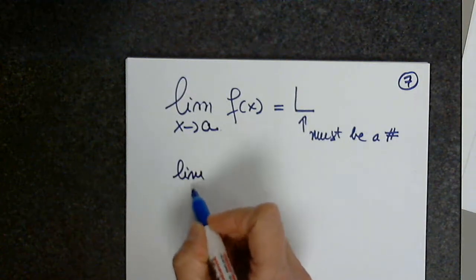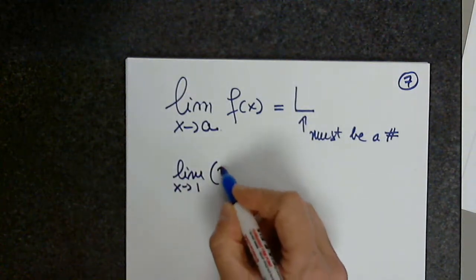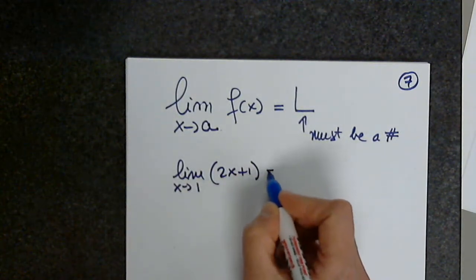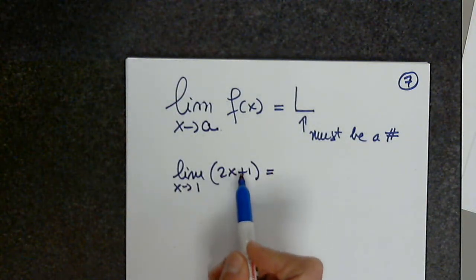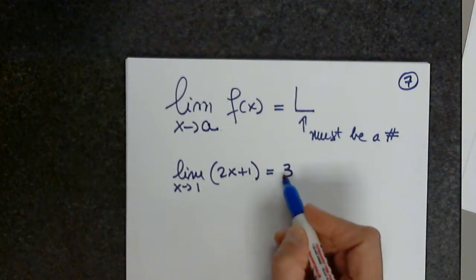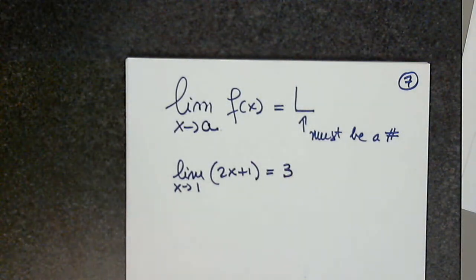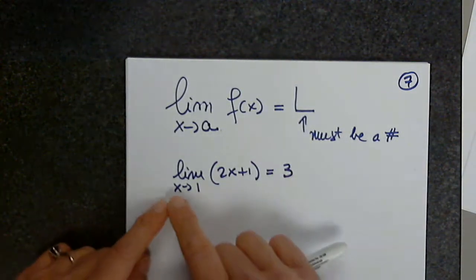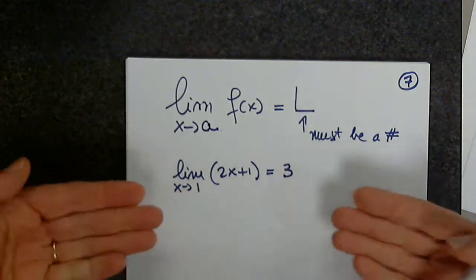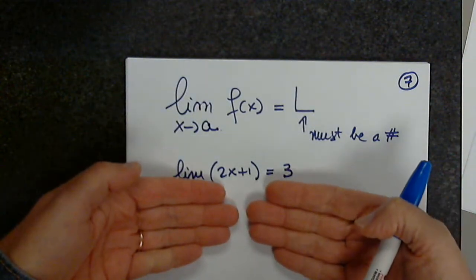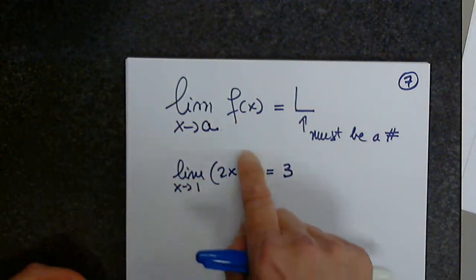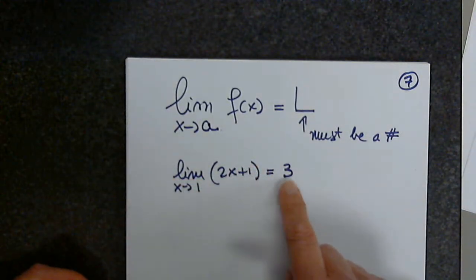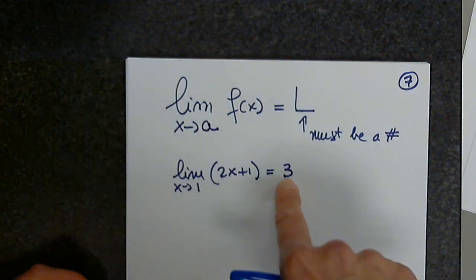So let's say limit as x approaches 1 of 2x plus 1 is 2 times 1 plus 1, which is 3. And one more time, what this means is, as x gets closer and closer to 1 from either side, the function values get closer and closer to 3.